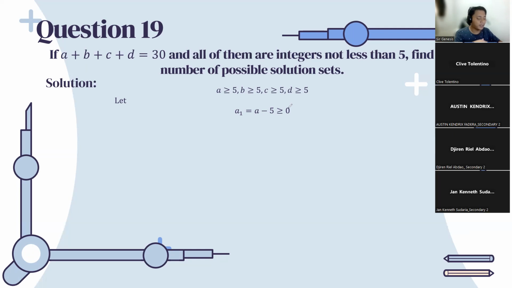Or if you think about it, that is used to count the number of distributions such that there is a chance that one of the boxes is left empty as well. So here we have a sub 1 is equal to a minus 5. This way we've subtracted 5 to show that it is greater than or equal to 0. We can apply that to all of the variables, so you have a sub 1 to d sub 1, which are all greater than or equal to 0.